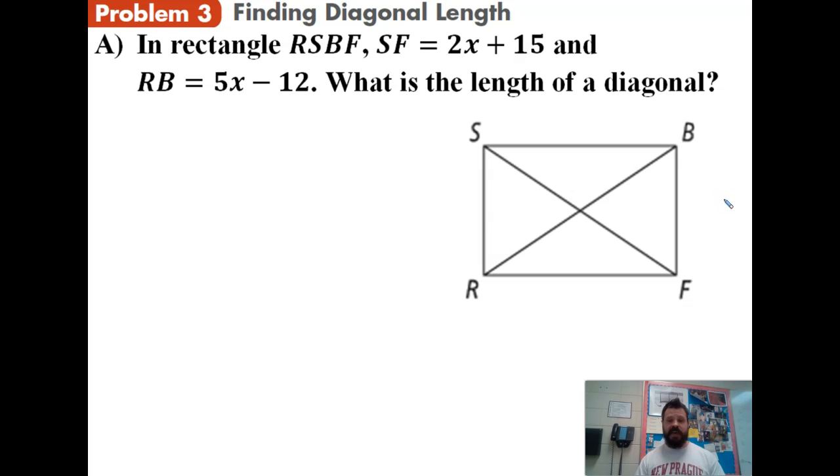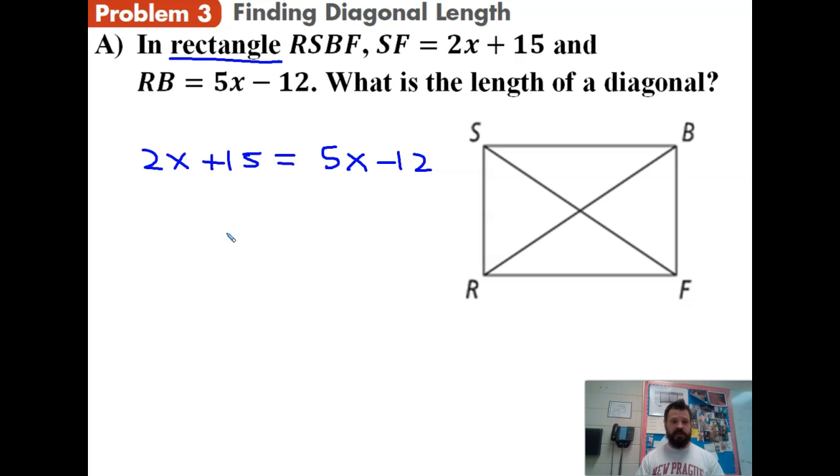Now, since we just said that the diagonals in a rectangle are congruent, I can say that SF, the 2x plus 15, is equal to RB, the 5x minus 12. Again, since in a rectangle diagonals are congruent, I can just set those two expressions for the diagonals equal to each other.